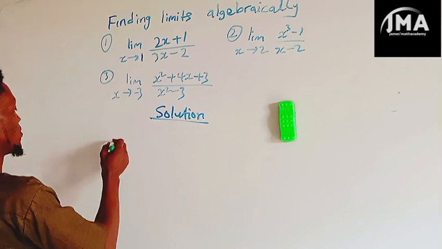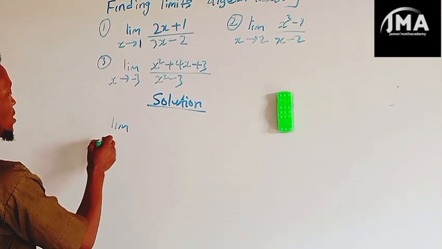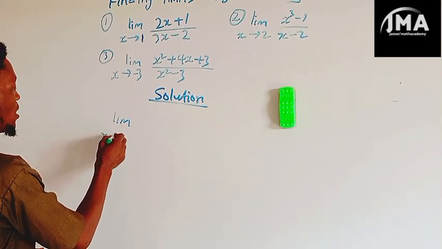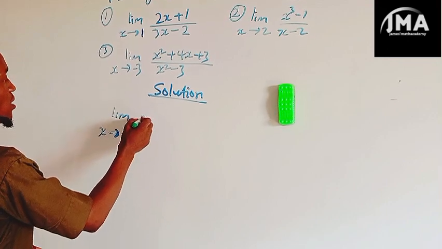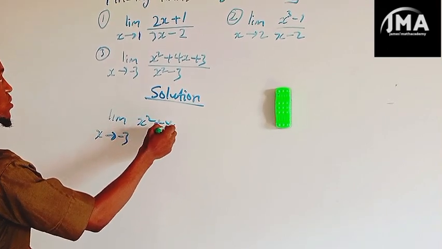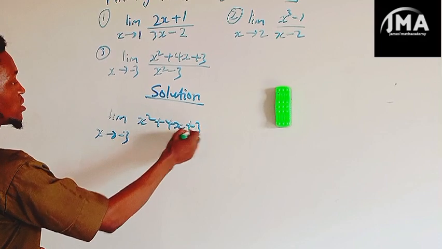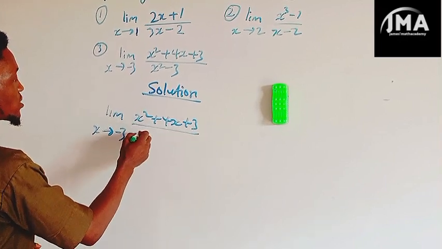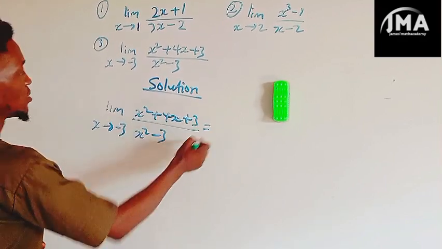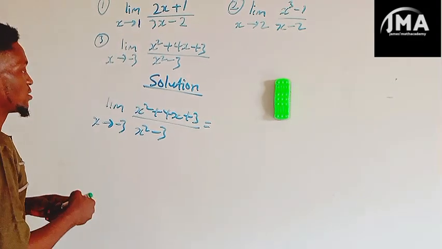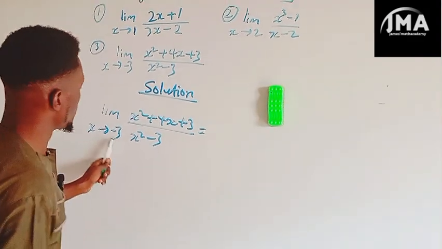Number 3, we are given the limit as x approaches minus 3 of (x squared plus 4x plus 3) over (x squared minus 3). Anytime you see x, you represent it with minus 3.